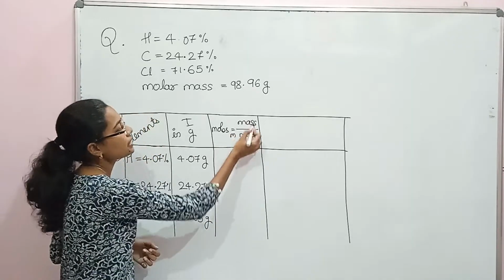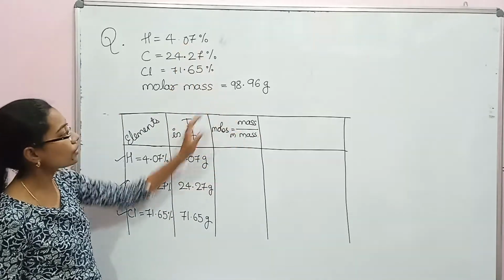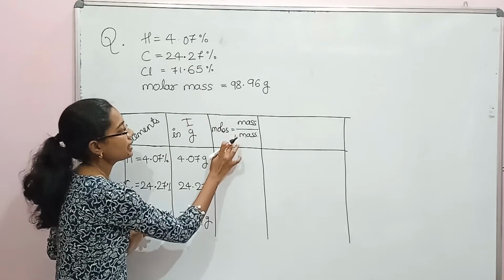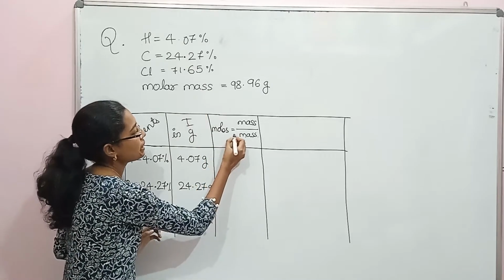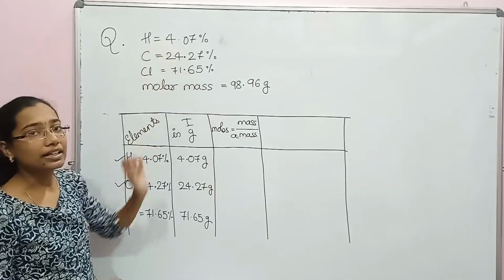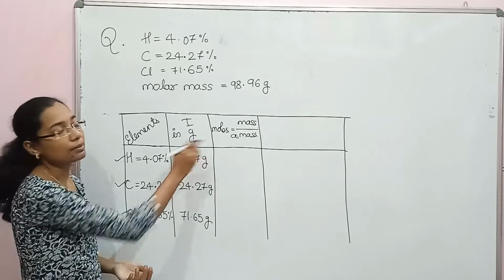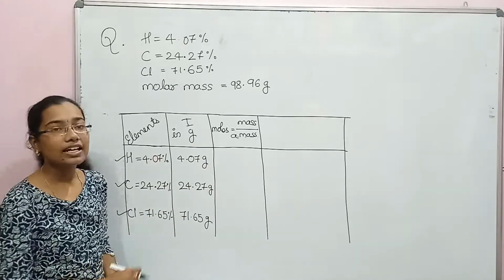This is the mass they have given, and this is the molar mass or the atomic mass of this element. We'll calculate the number of moles of each element.